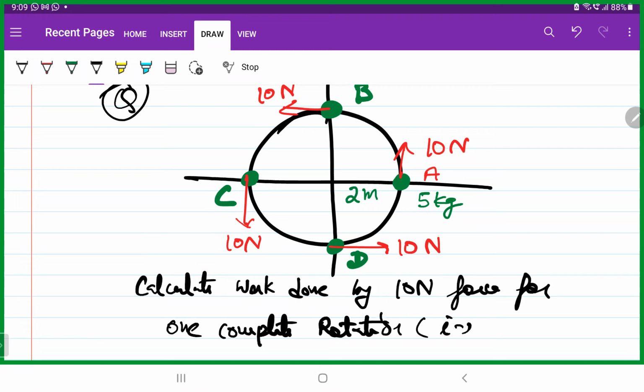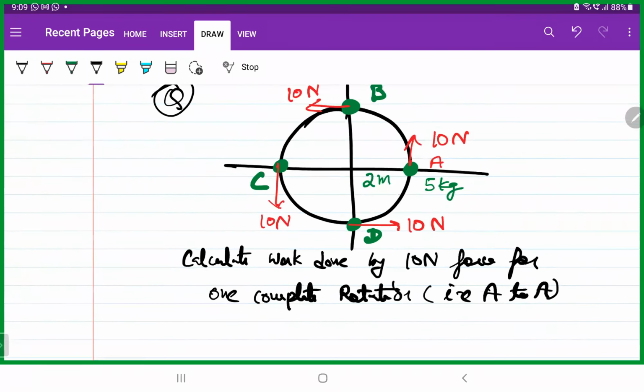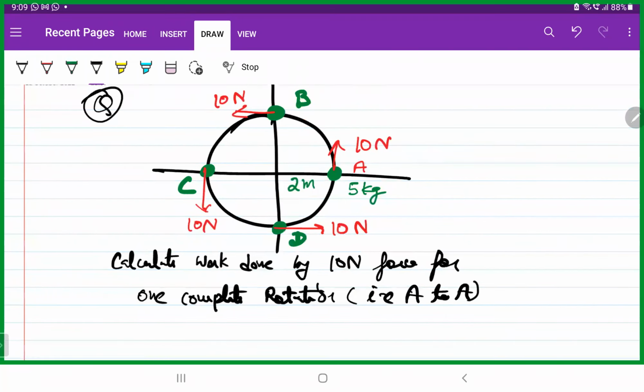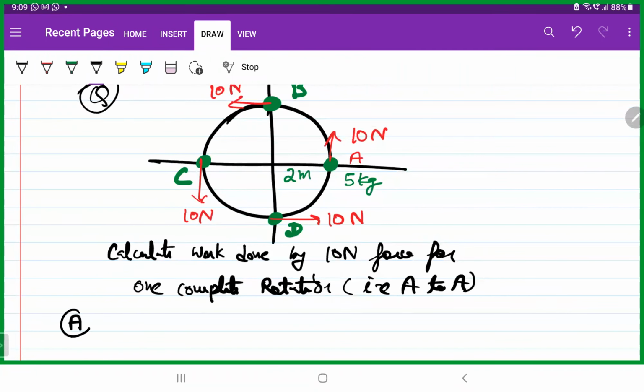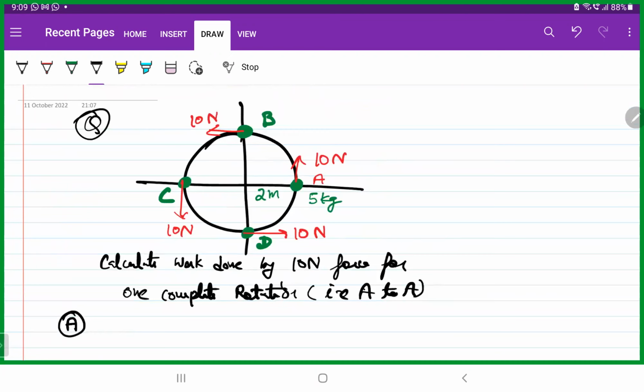That is A to A. It is coming back to A. So try to calculate it. This is a very good question. Try to do this question. Calculate work done by 10 Newton force for one complete rotation, that is from A to A. It was asked in the JEE exam. Try to do.